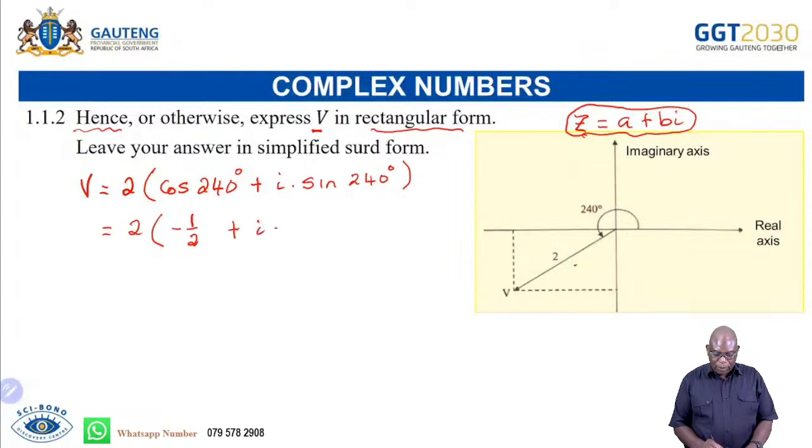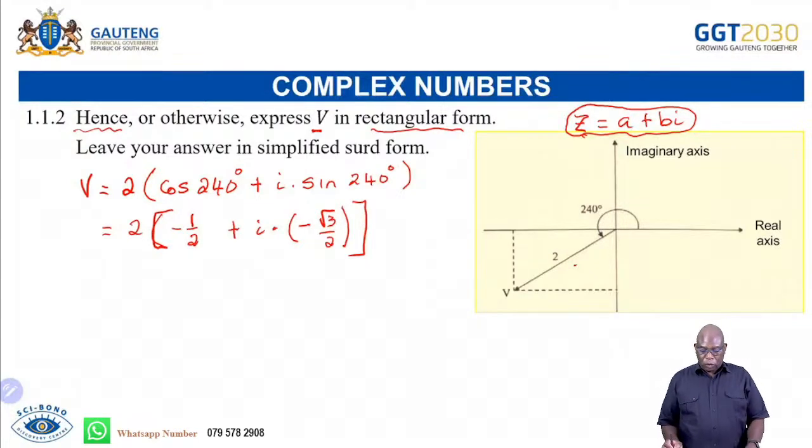Plus I multiplied by. Now we go back to our calculator and then we say sine of 240 degrees. That will give us negative, because it's still also in that quadrant. So it will give us negative the square root of 3 over 2. Right? Then from there I can just put these square brackets like that. So now I can multiply the 2 inside the bracket.